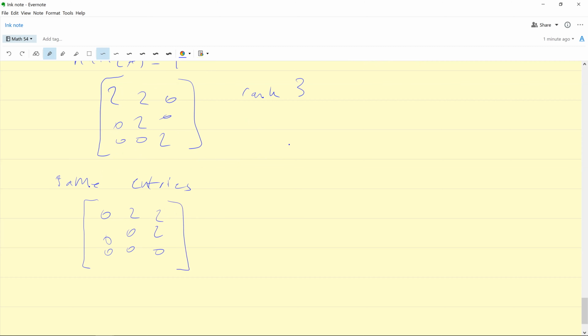Now these column vectors are going to be linearly independent. There's 2 of them, but this one is linearly dependent. So the rank is 2, and the only eigenvalue is going to be 0. Does that make sense? Yeah.